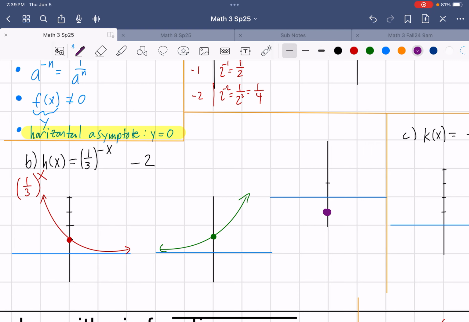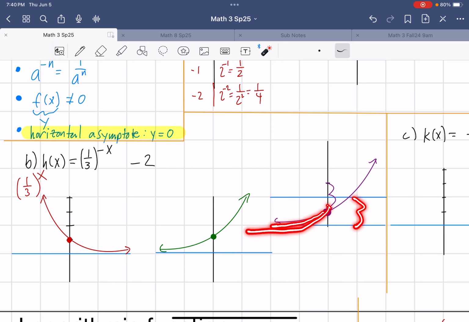So this point is coming down 1, 2, but the asymptote has to come down 2 as well. Because without that asymptote, I won't be able to tell where I'm approaching, because the graph wants to get closer and closer to the asymptote. If I don't move this asymptote down 2, then I don't know where to draw it. What's restricting it? That's this horizontal line.